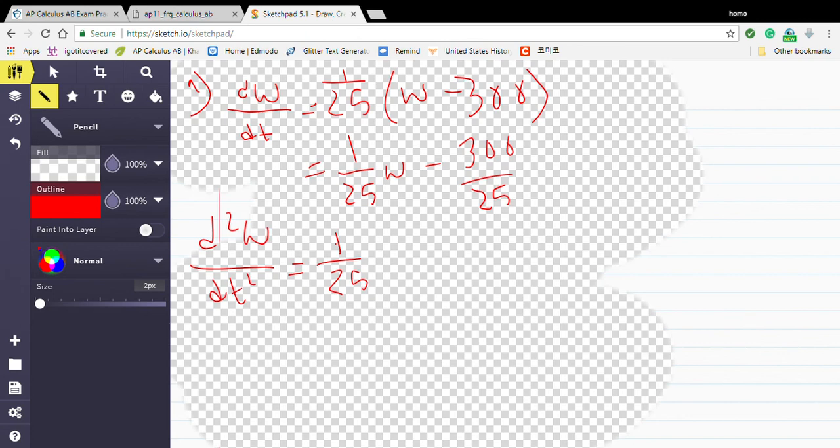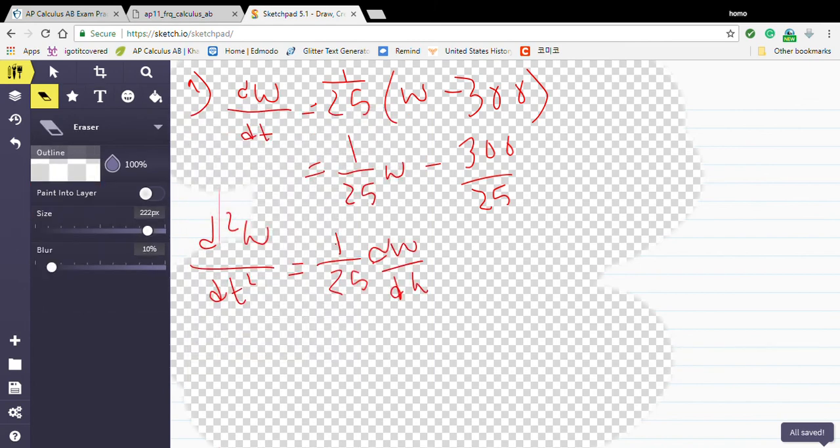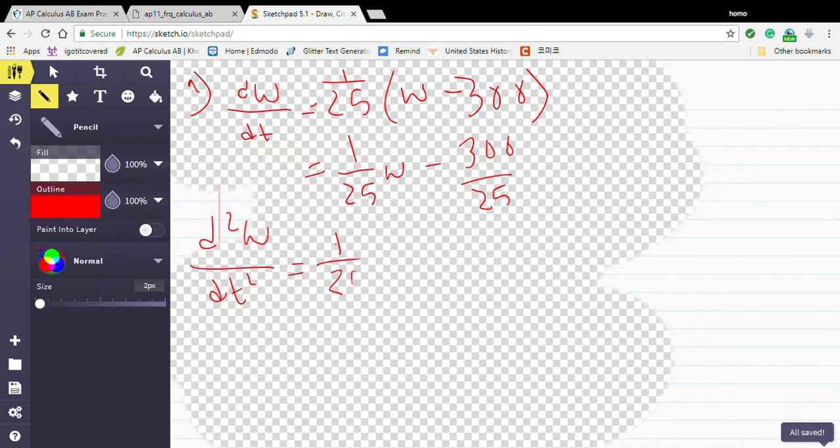The derivative of this is 0, and the derivative of W is dW/dt. Now we are going to plug in for dW/dt. So we know dW/dt is 1/25 times this, so we're going to plug in this for dW/dt.